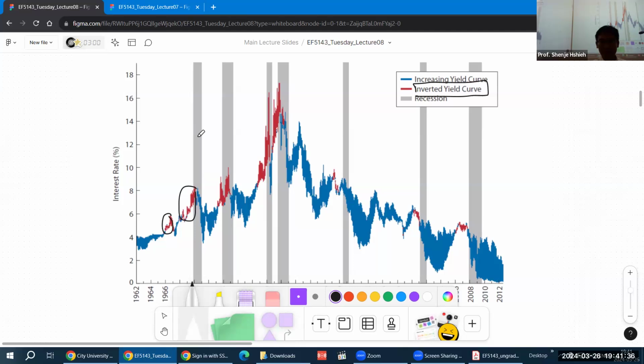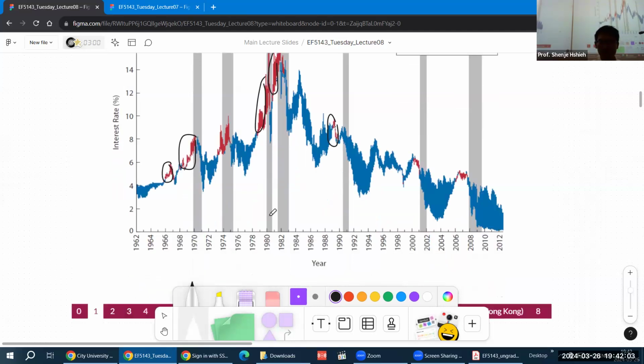So the red parts are when the yield difference between 10 and 5 years is negative. The gray bars are recessions, as deemed by the NBER. If you look at the red lines and the gray bars, the red lines look like they precede recessions, right? So it's a reasonable first simple indicator for recessions.